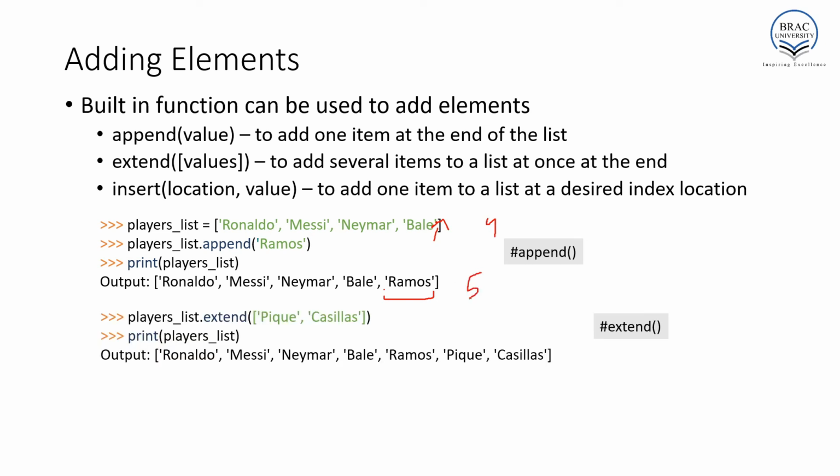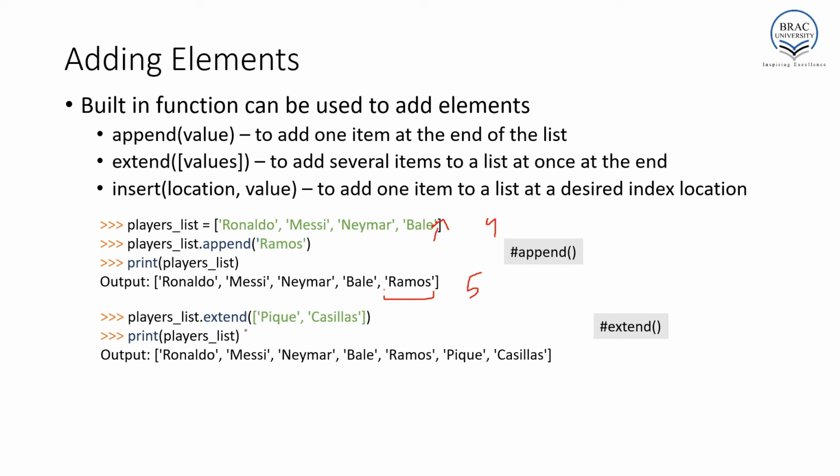The second built-in function we will use is extend. The append function was used to append only one string value or one element. We use the extend function when we want to append multiple values at the same time. So in this case, we want to add PK and Casillas at the end of the players list. I write it like this: the name of the list dot extend.